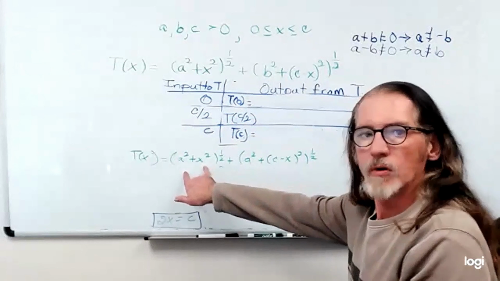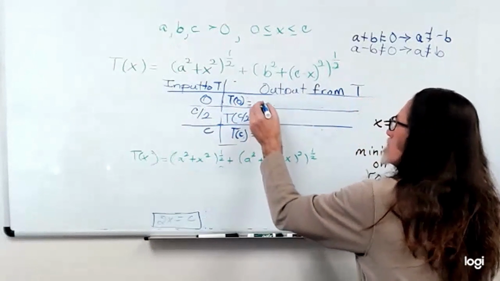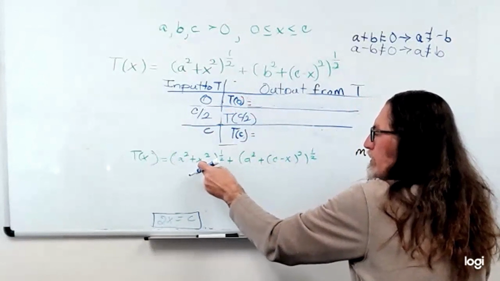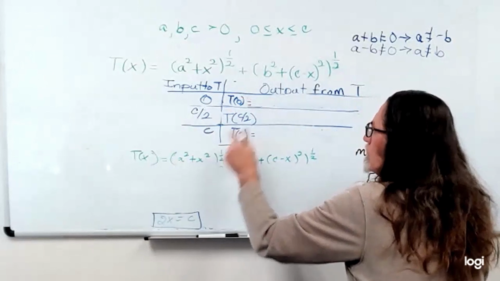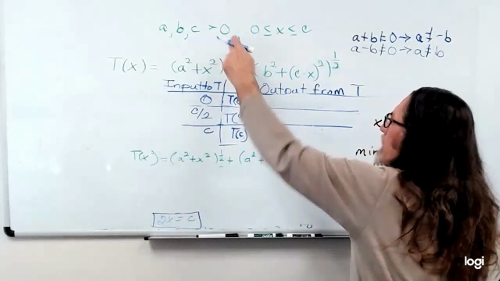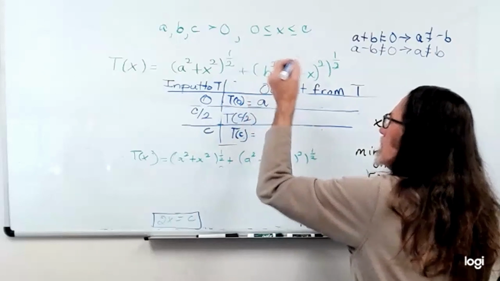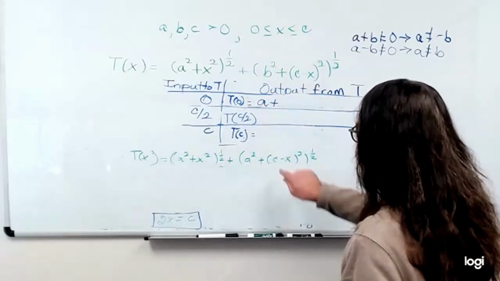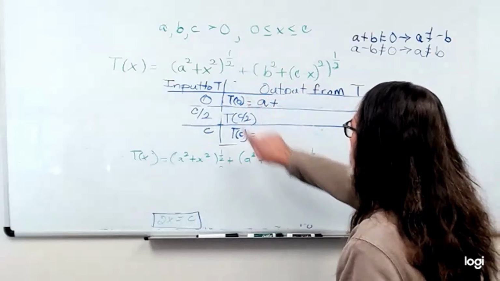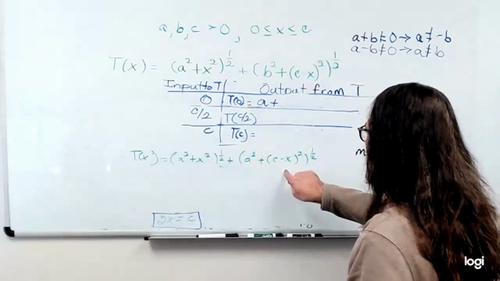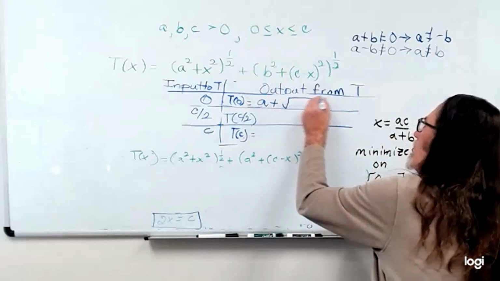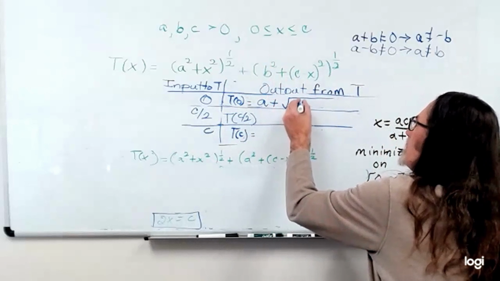We put in 0 to the first. 0 squared is 0, a squared plus 0 is a squared. We've got the square root of a squared, but a is strictly positive, so the square root of a squared is a. Put in 0 here, c minus 0 is c, c squared then. We have the square root of a squared plus c squared.